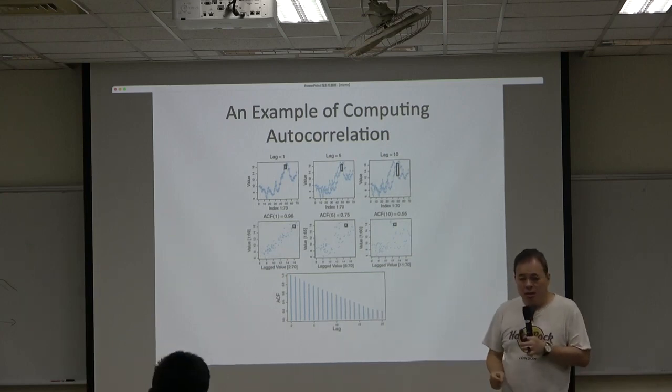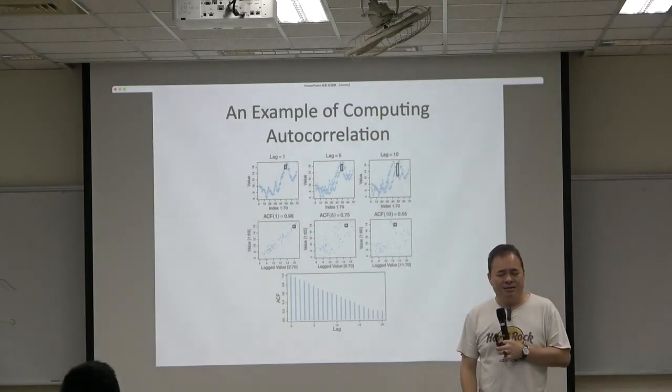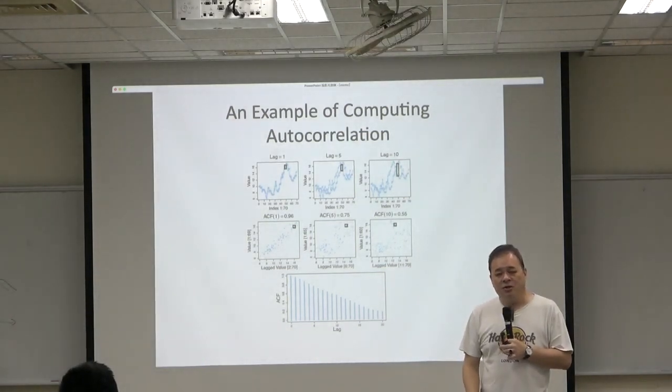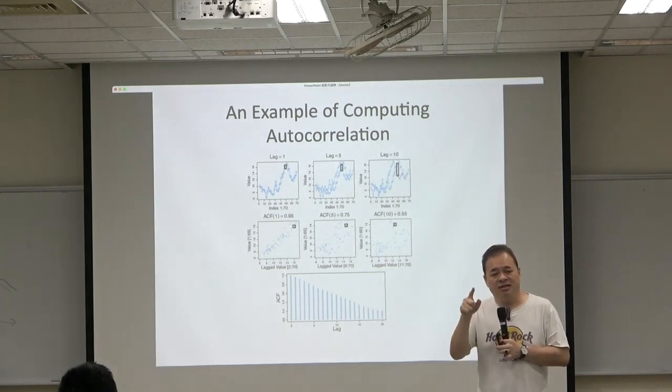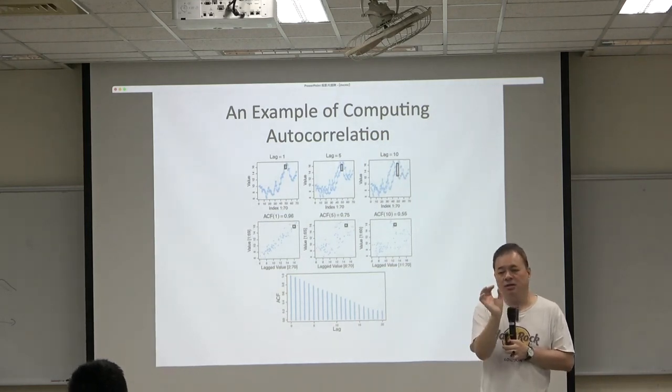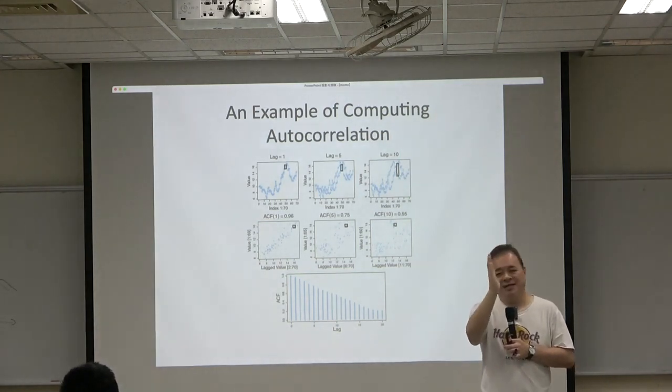So what does autocorrelation stand for? It stands for how much dependency this time series data has from the previous location to the next one.